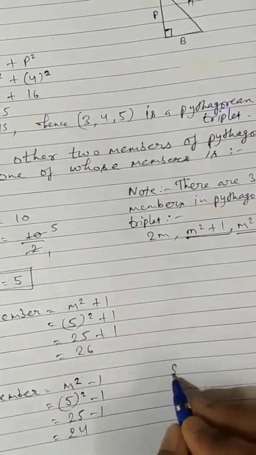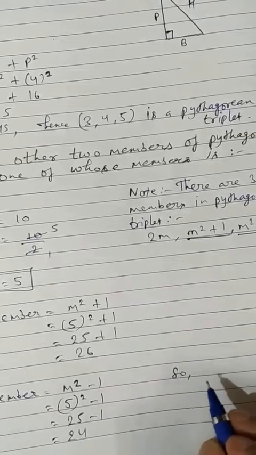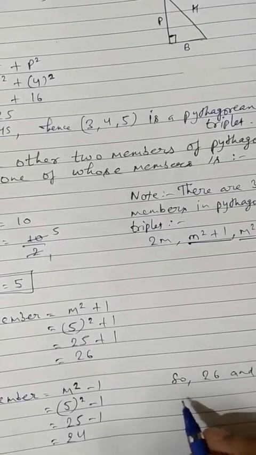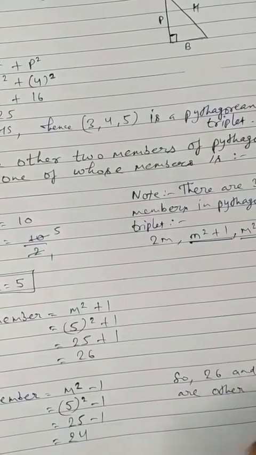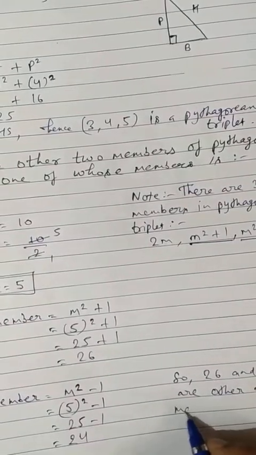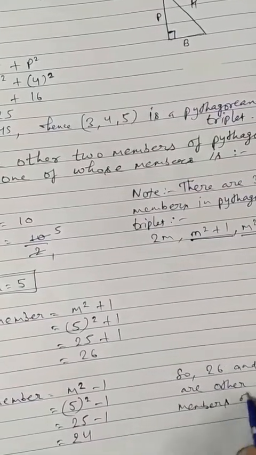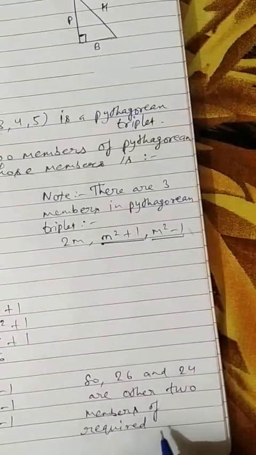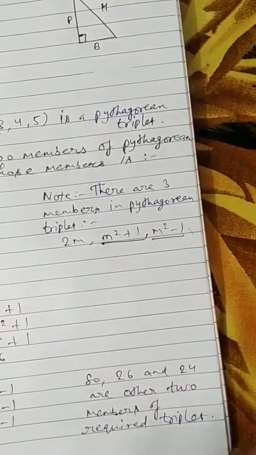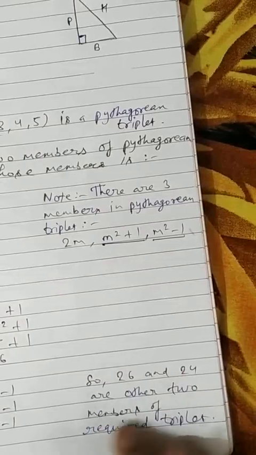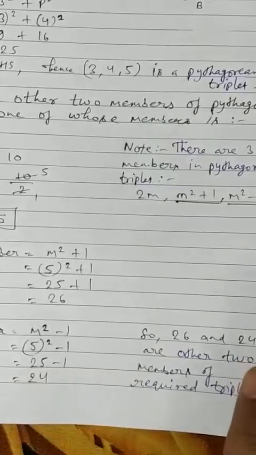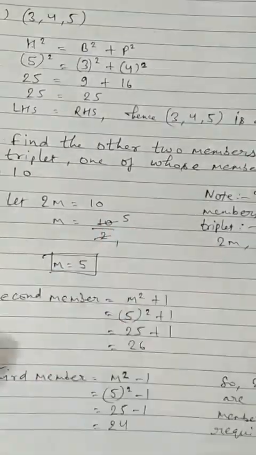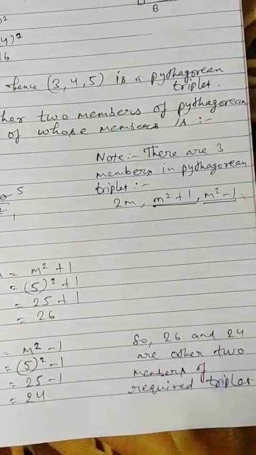So 26 and 24 are the other two members of the required triplet. So the required triplet is 10, 26, 24.